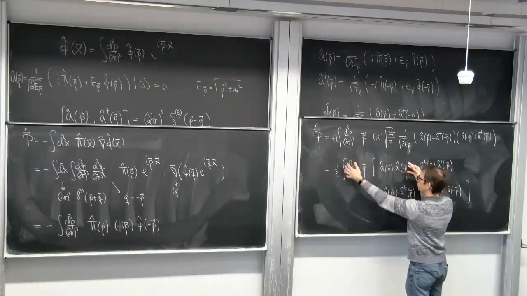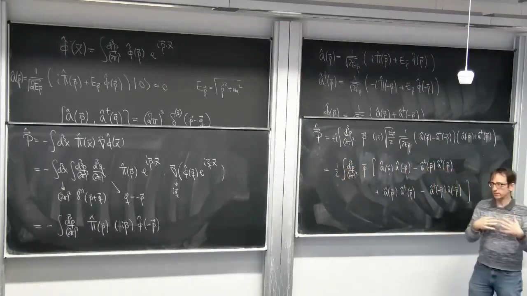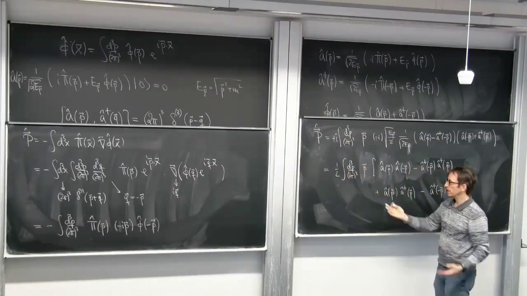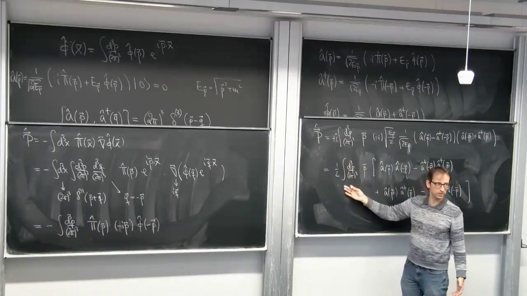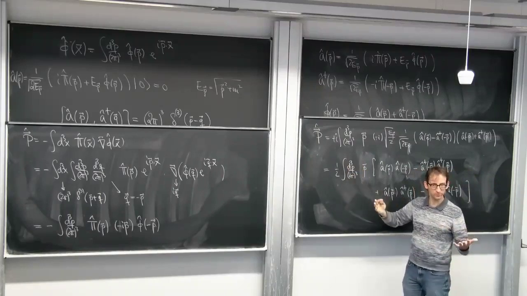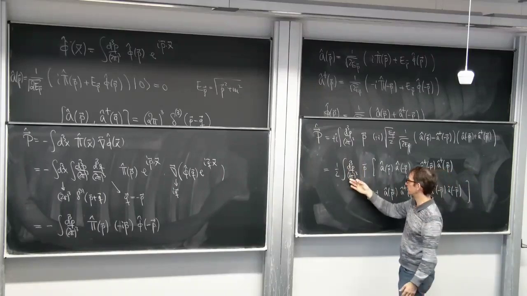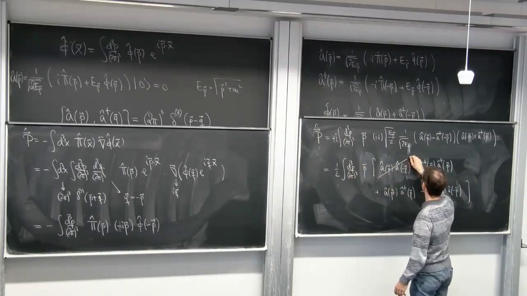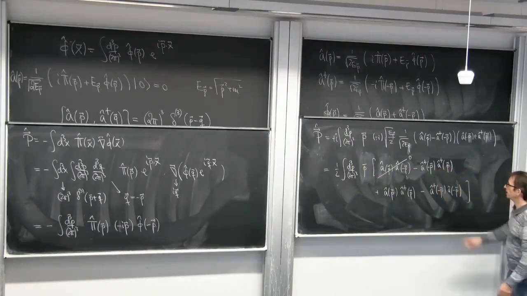So the whole integrand is an antisymmetric function of p. But I'm integrating over a symmetric interval or domain, three-dimensional. So this is zero. This will integrate to zero. That's just zero. And the same here for the same reason.